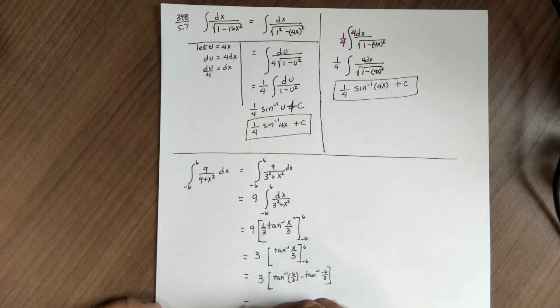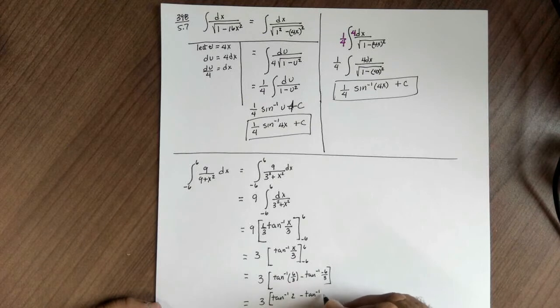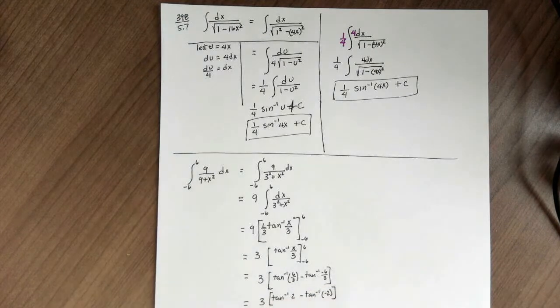So that simply gives us 3 tangent inverse of 2 minus tangent inverse of minus 2. It could be simplified a little more, but that suffices.